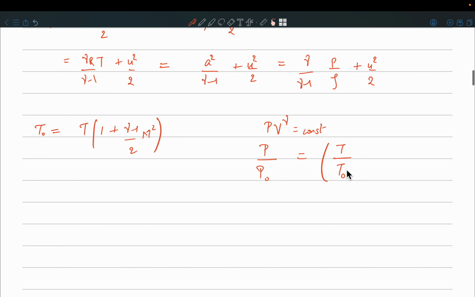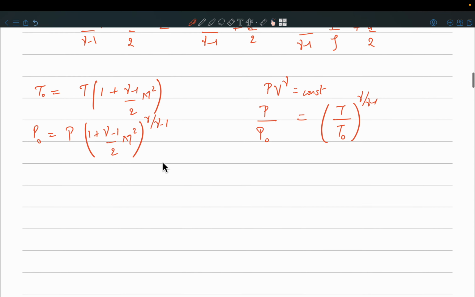So you also have this relation that P naught goes like P into 1 plus gamma minus 1 by 2 m square whole to the power of gamma by gamma minus 1, right?